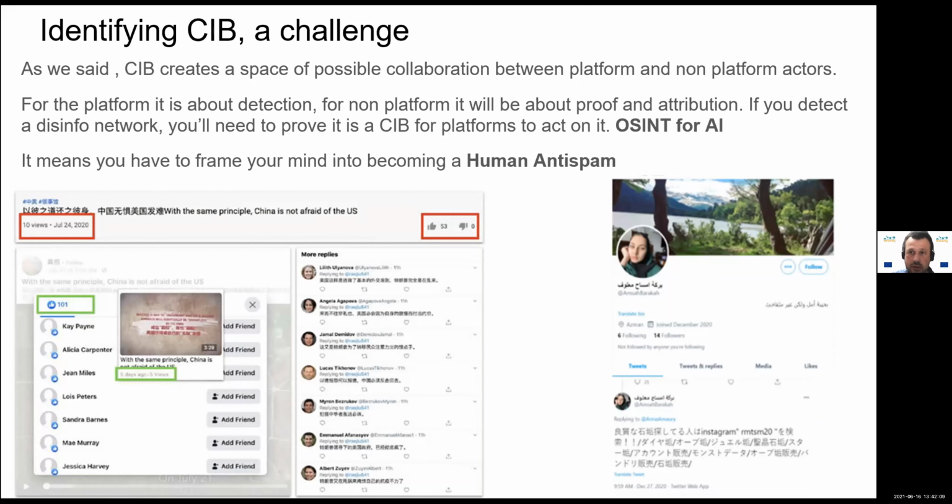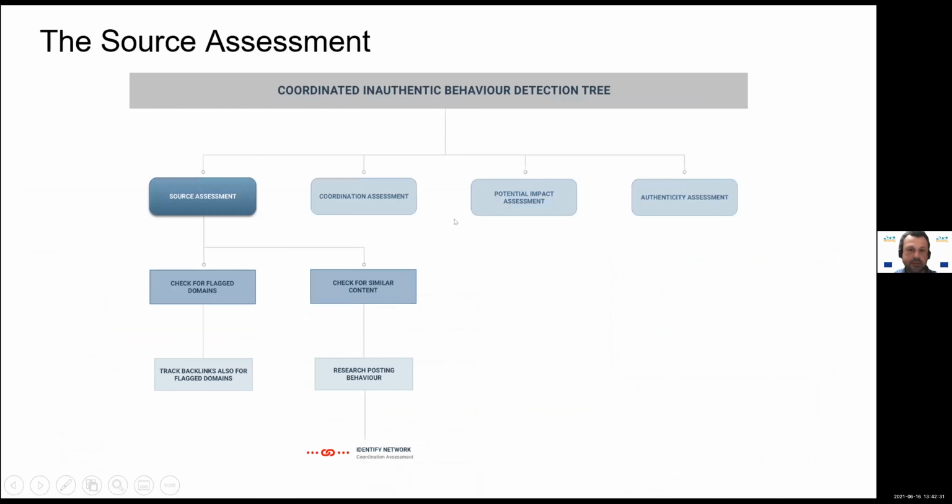On the bottom right, you see another criterion that I will develop in a second. We call it inauthentic language behavior. When you see an account commenting in a non-Latin, non-English language, different from the one that is indicated in the biography, it's a good indicator.